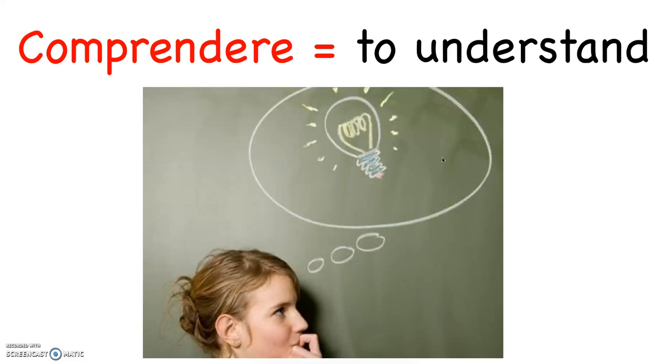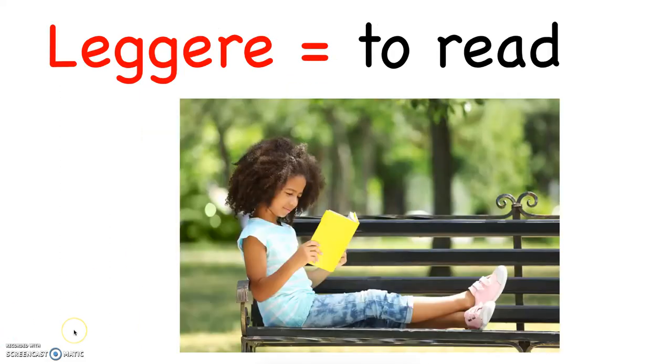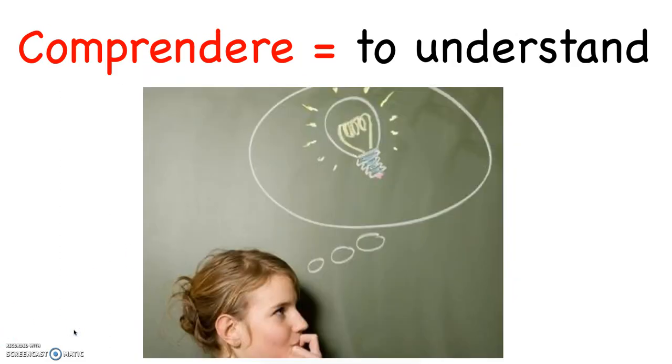Comprendere means to understand. Maybe you've heard of the expression non comprendo. Now we know where it comes from. Non comprendo is the io form of the verb comprendere. Comprendere conjugated to the io form is comprendo, and that's where we get it from.